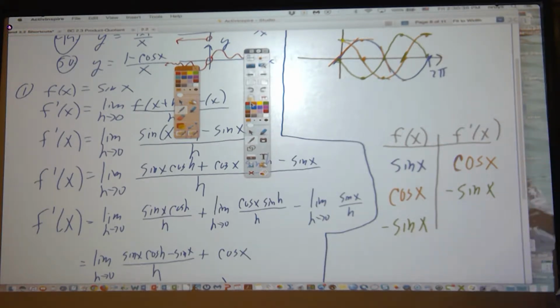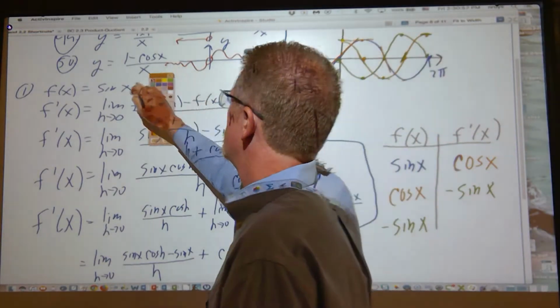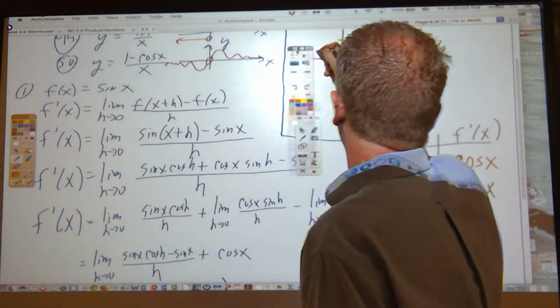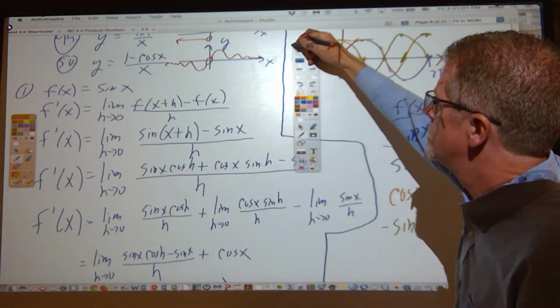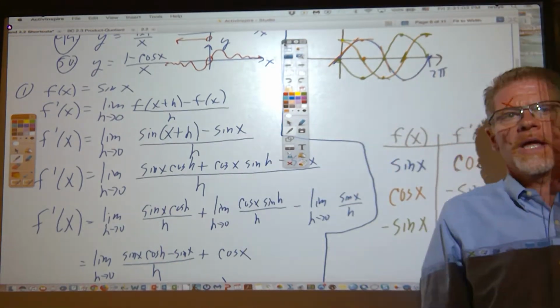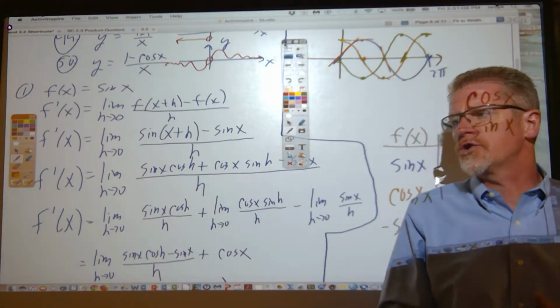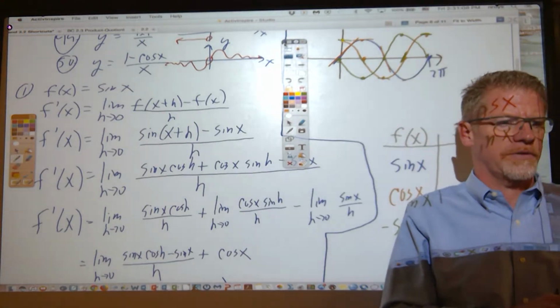See if you can come to an agreement as to what the derivative of negative sine x might be. Don't be shy. Go ahead and talk about it. And then raise your hand if you find someone who agrees with your answer.